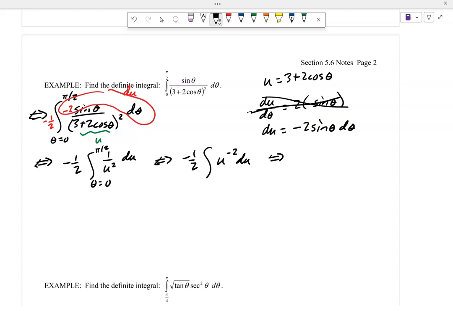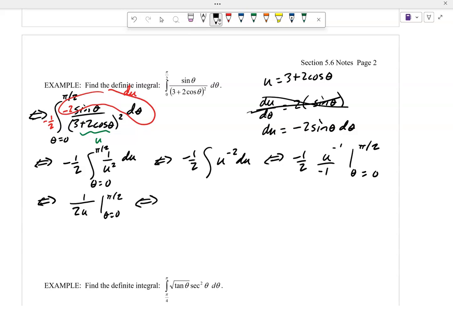So let's go ahead and run that. That'd be u to the negative 2 plus 1, negative 1 over that negative 1 from theta being 0 to pi halves. Negative times a negative is a positive 1/2. And then u to the negative 1, that'll go down u to the 1. And this is from theta being 0 to pi halves.